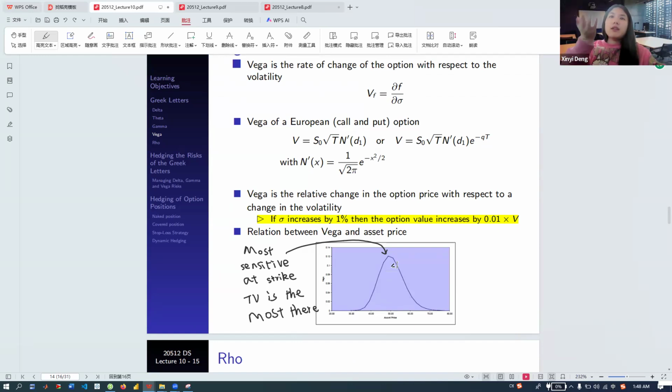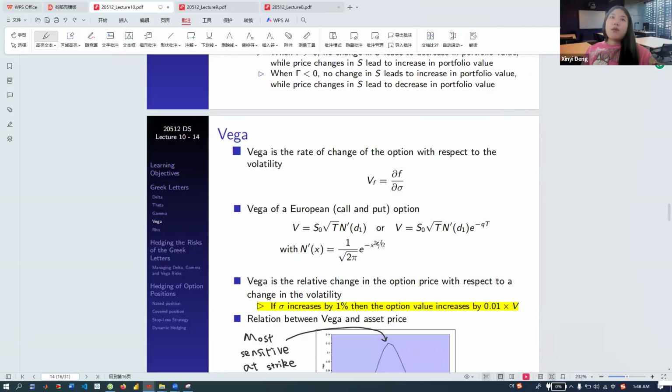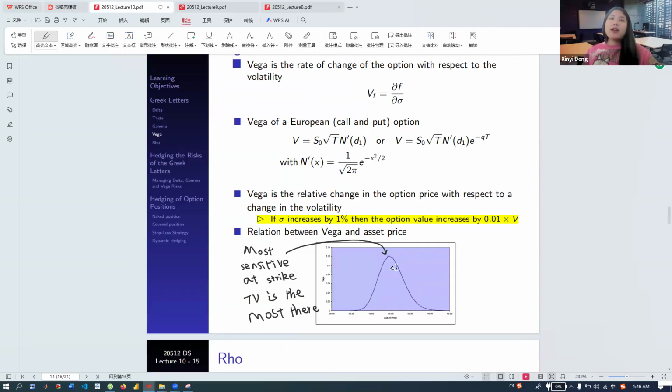So Vega is highest at the strike merely because most of the time value is there, and time value is most sensitive to volatility changes.